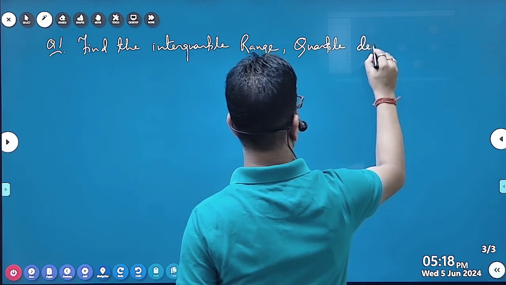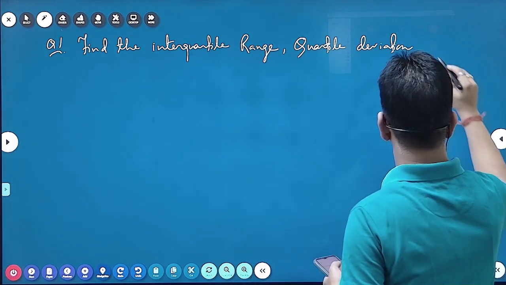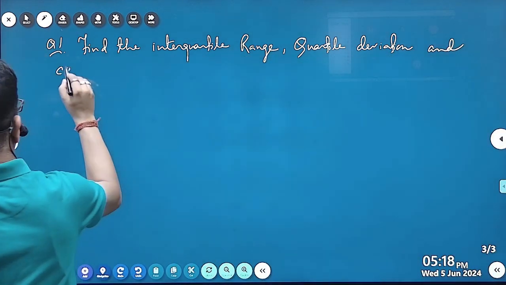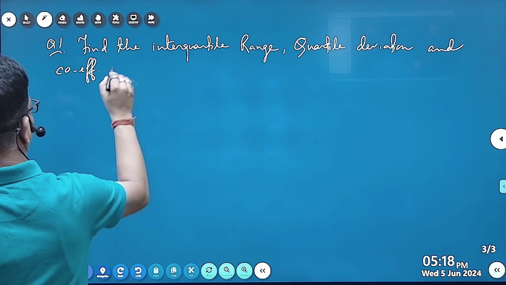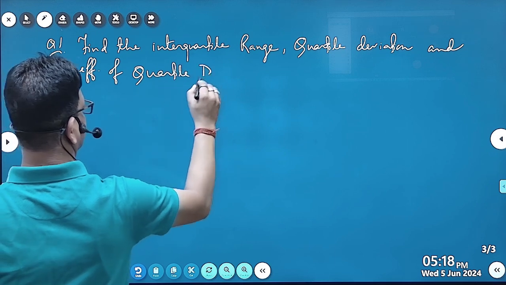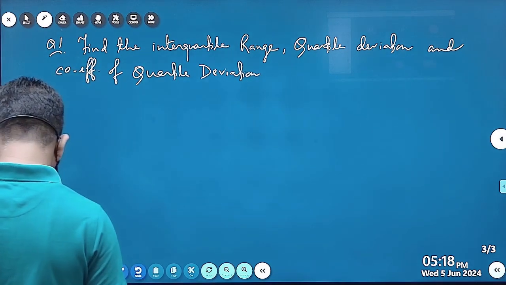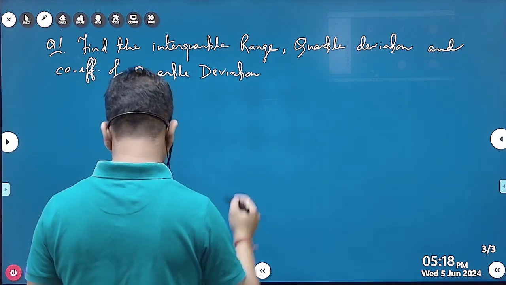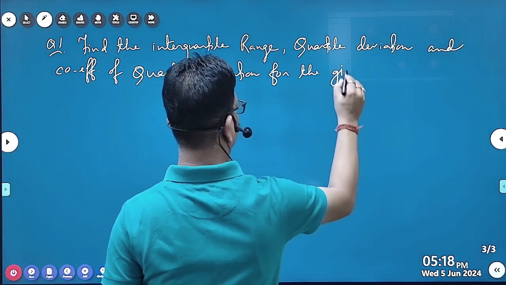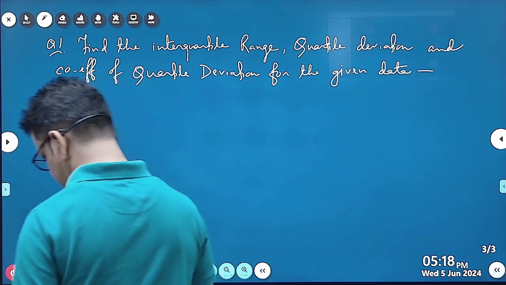So quartile deviation, and also coefficient of quartile deviation, for a given data. Getting it? Okay.